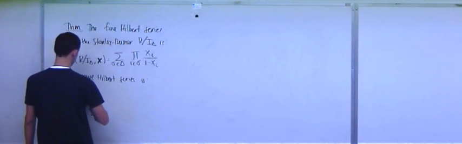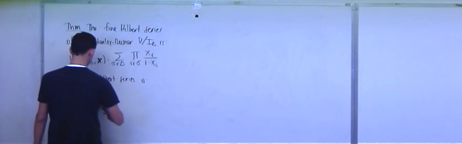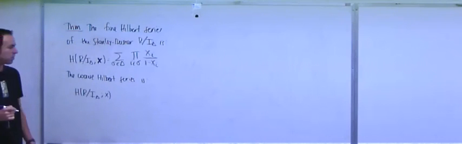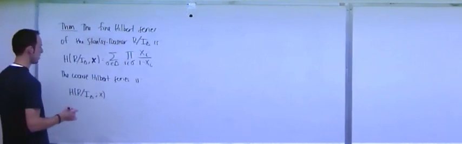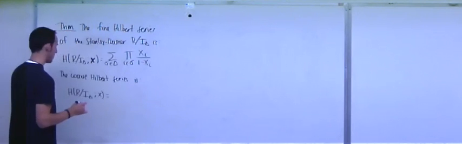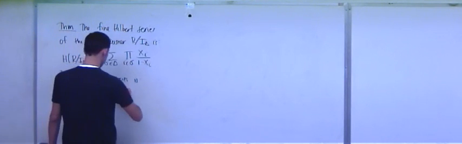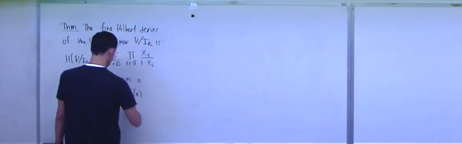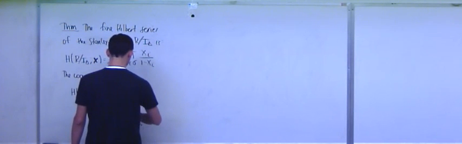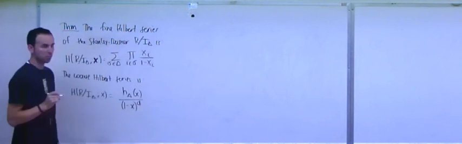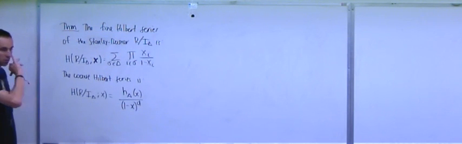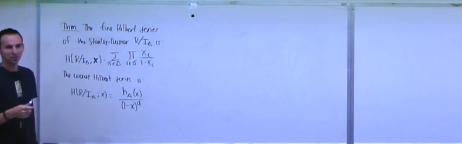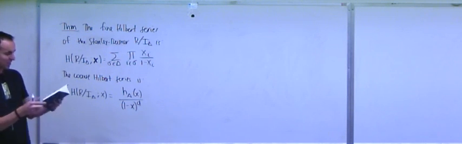Very often we only care about the one in one variable, the one that keeps track of degree. And I said that this was just given by the H-polynomial of the simplicial complex divided by 1 minus x to the d, where d is the dimension. Yeah?